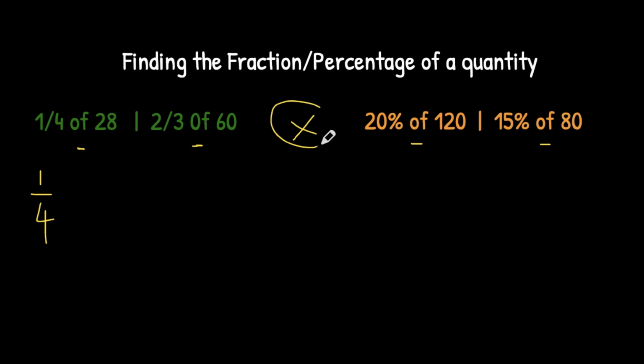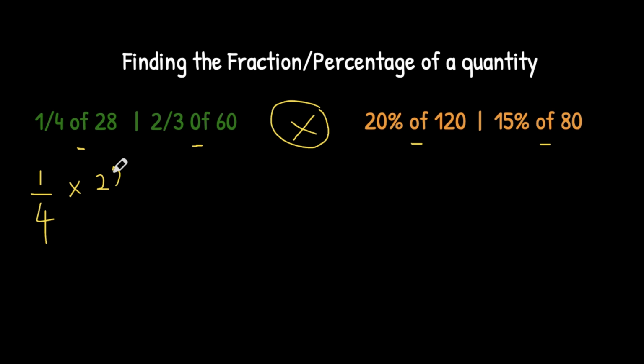So for the rest of your mathematical career, if you hear someone say what is a quarter of something, or what is 20% of something, off means times. Again, off means times. So a quarter times, or multiply, 28.